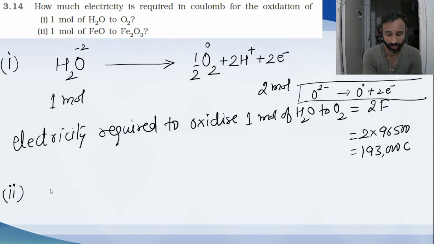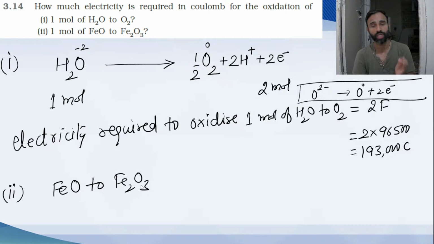Now in this case, 1 mole of FeO to Fe2O3. What is changed? Only the oxidized part is iron, Fe2 plus to Fe3 plus, because oxygen is 2 negative in FeO as well as in Fe2O3.